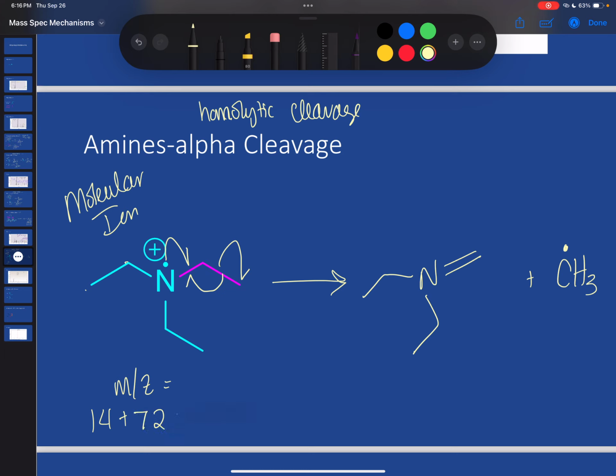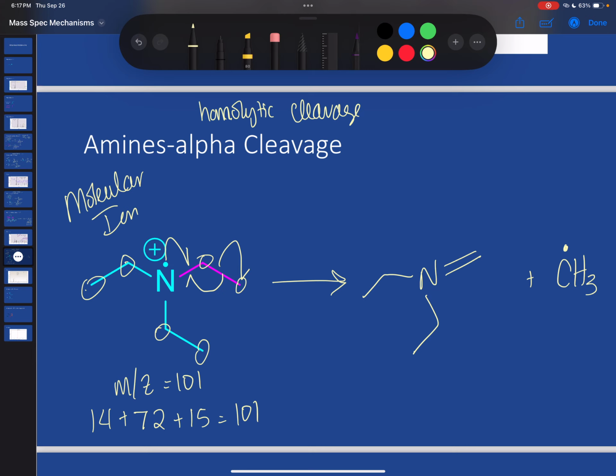Now my hydrogens, I have, let's see, 3, 6, 9, 11, 13, I'm getting 15. Okay, so 15. 14 plus 15 plus 72, I'm getting 101. So I should have a molecular ion peak of 101.